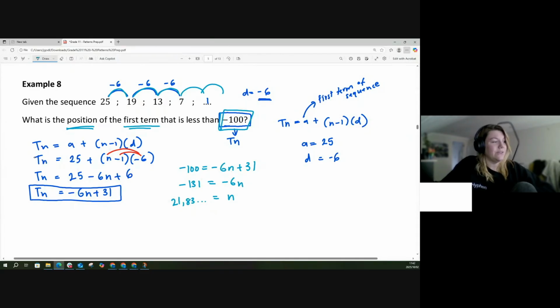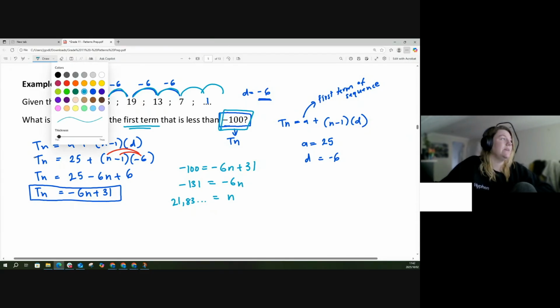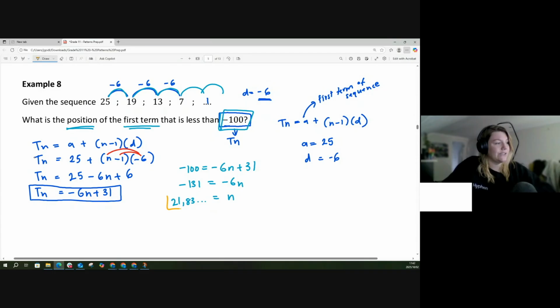So we know that term 21, if we put that into our formula, would be negative 6 times 21 plus 31. Can someone pop that in their calculator for me, please?